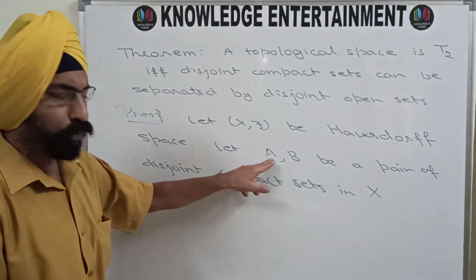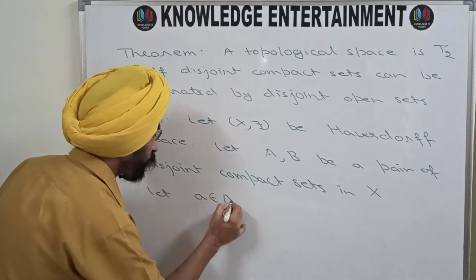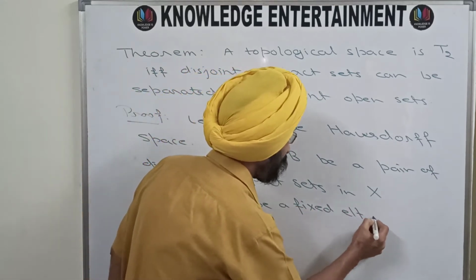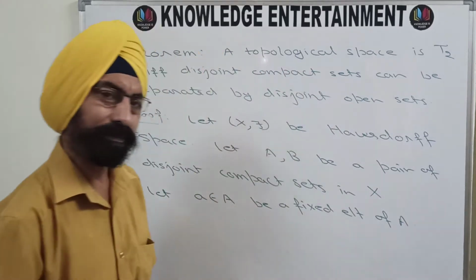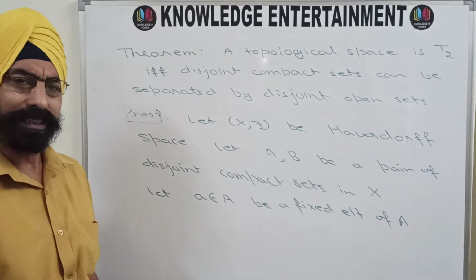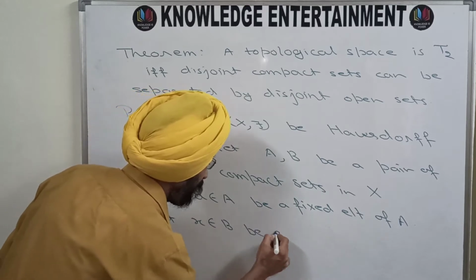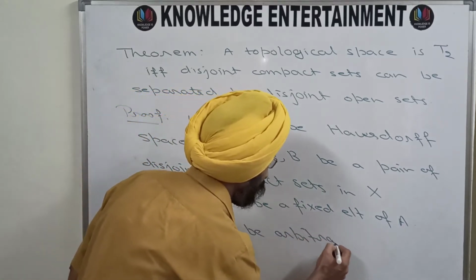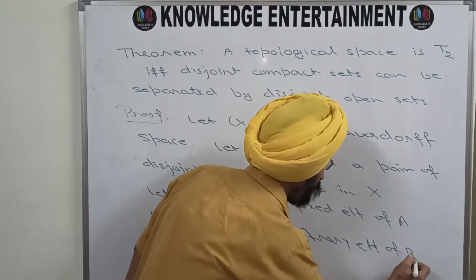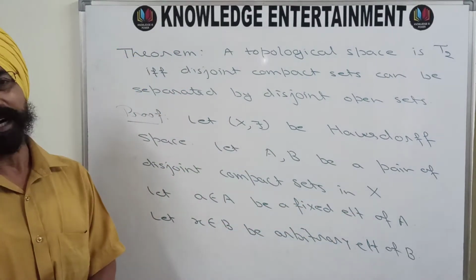So choose one fixed point from the first set. So let a belonging to A be a fixed element of A, and in the other set B, take any arbitrary element x. So let x belonging to B be an arbitrary element of B. From A we have a fixed element, from B we have an arbitrary element.